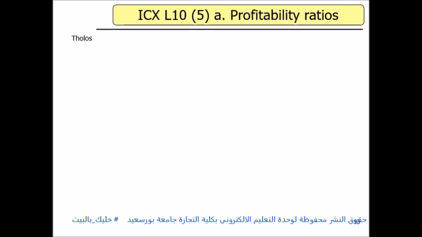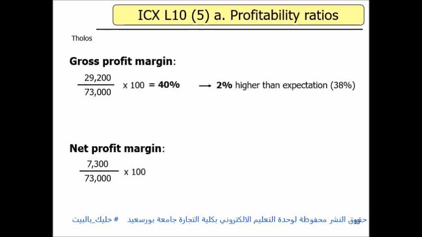How to calculate the gross profit margin? As we mentioned before, it's equal to gross profit divided by sales multiplied by 100. So the gross profit margin is equal to 40%, which is higher than expected by 2%.